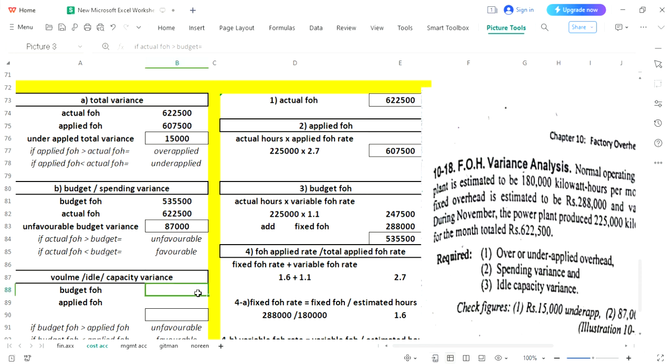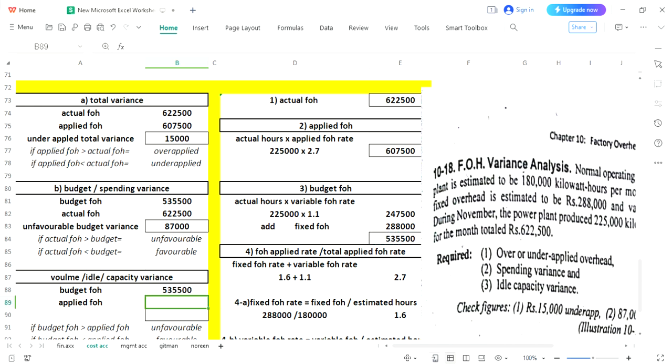It's time to calculate our third requirement, which is volume or idle capacity variance. For volume, you need budget FH. Come to the third statement which we have calculated. And how much budget FH you have calculated? It was 535500.